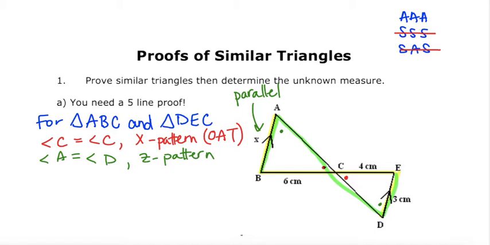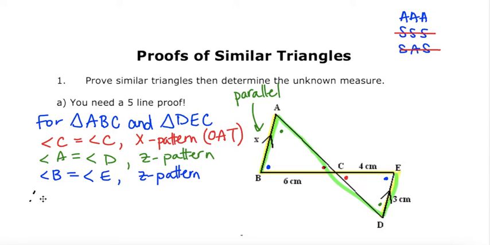So I can say that angle B is going to be equal to angle E, and that's also because of the Z pattern. When you're telling me that the angles are equal, also give me the reason why those are equal. Now that we've shown that all 3 of those angles are equal on those triangles, we can finish off our proof.